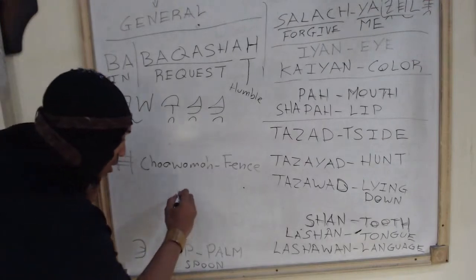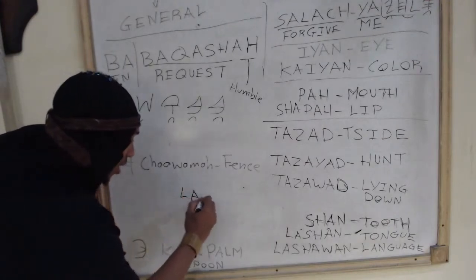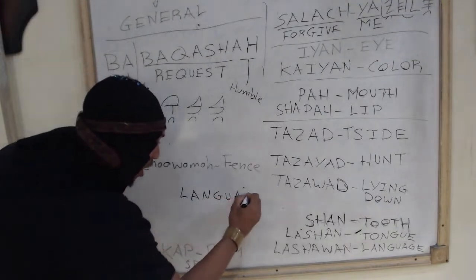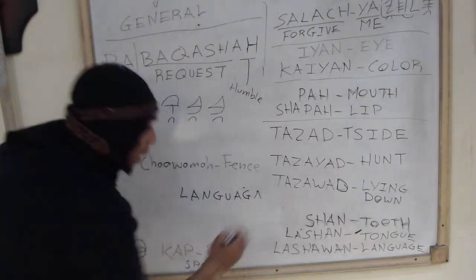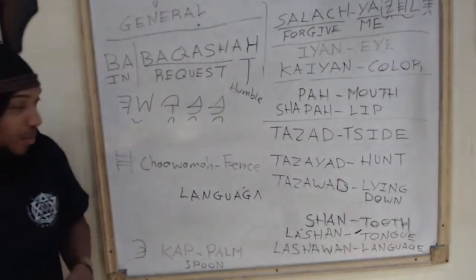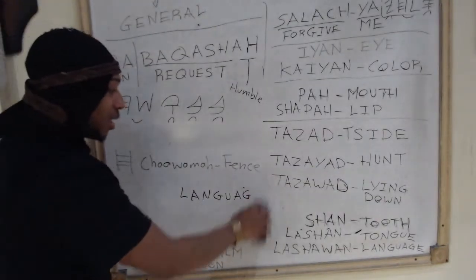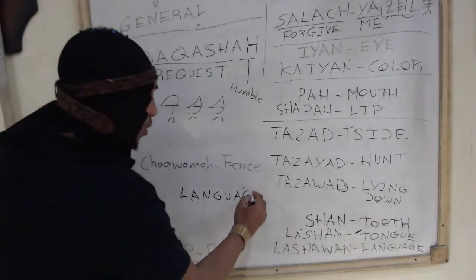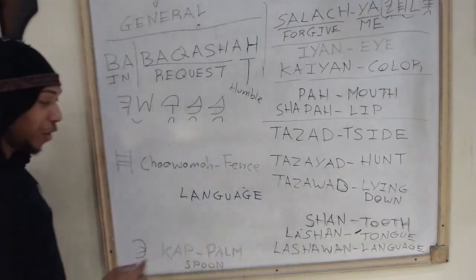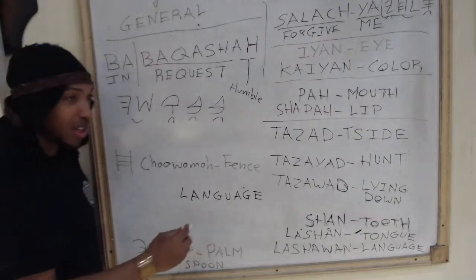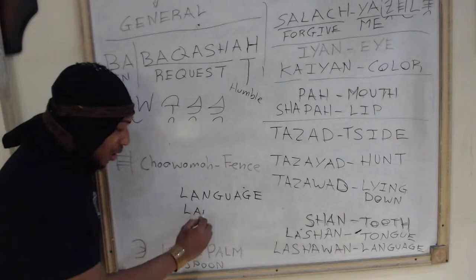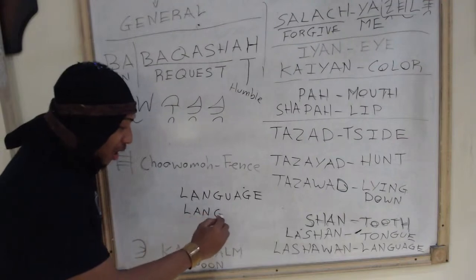And language, as Priest Officer Yatazar was breaking down, he speaks French because his family and himself is Haitian, the biblical Levites of the Bible. And knowing French, he said in French, langue.